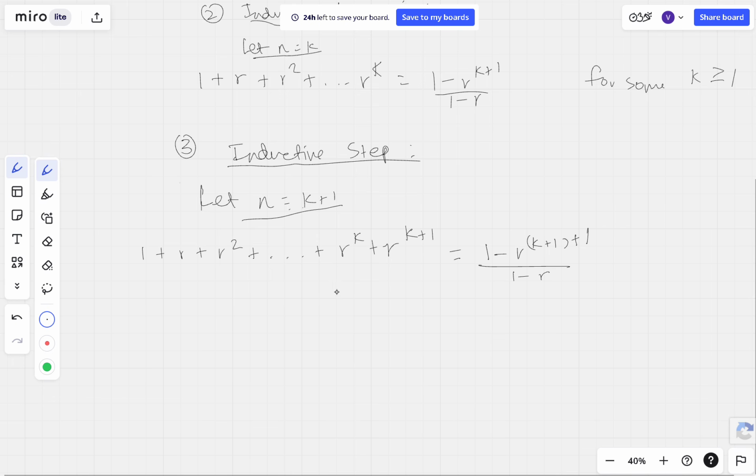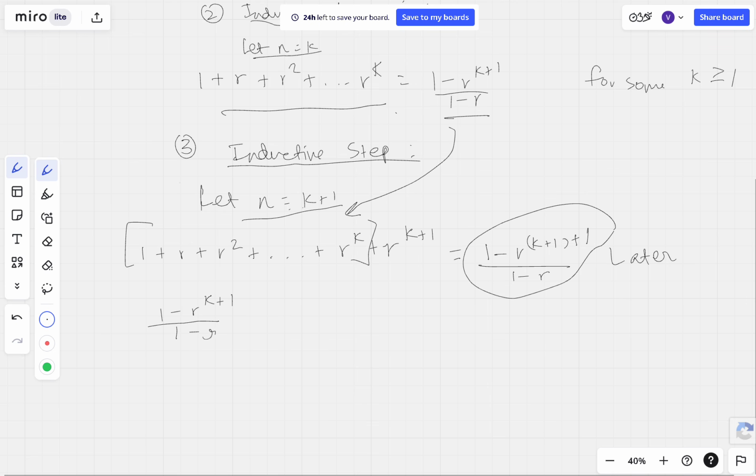Now, because this is equal to this, we can put this in a bracket and insert it over here. So 1 minus r to the power k. Let's handle this part for later. Let's talk about this: 1 minus r to the power k plus 1, divided by 1 minus r.